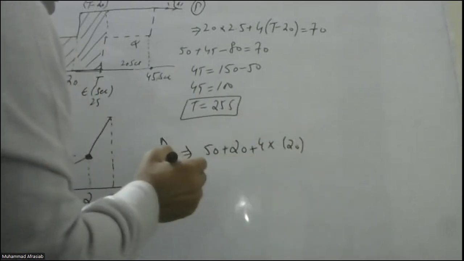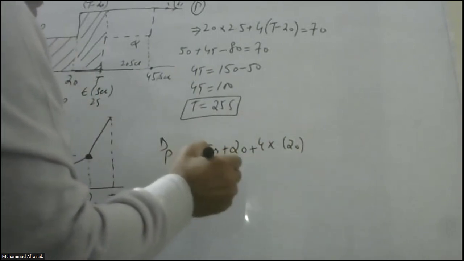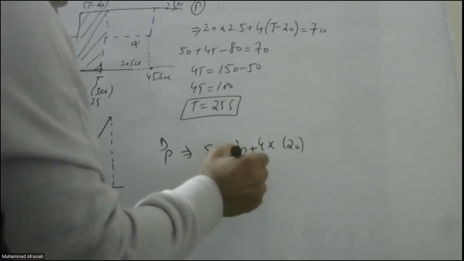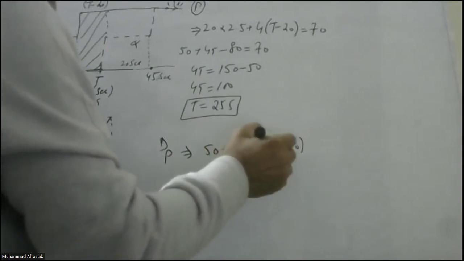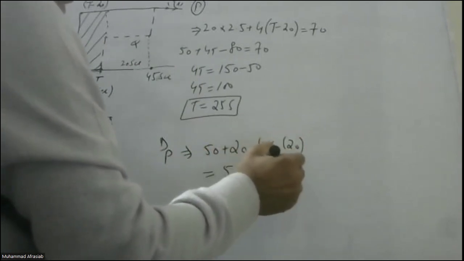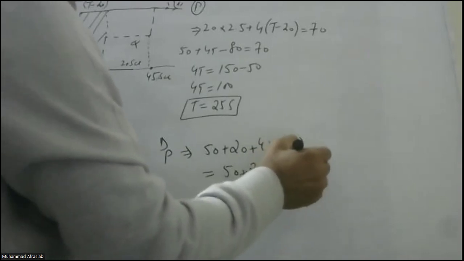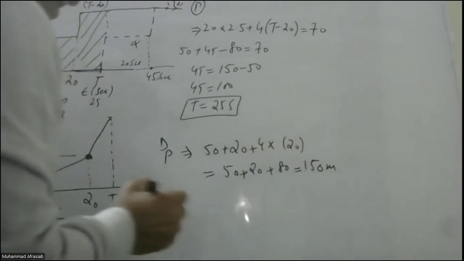So the distance traveled by particle P is 50 plus 20 plus 80, and that is equal to 150 meters.